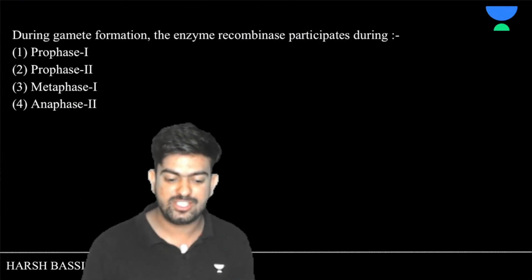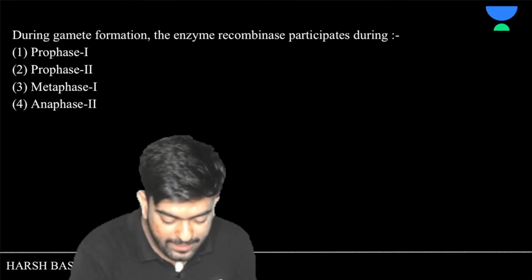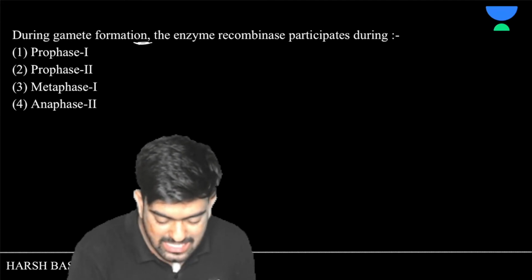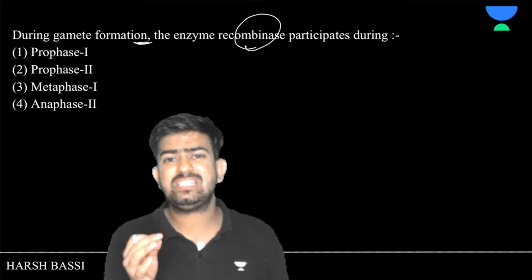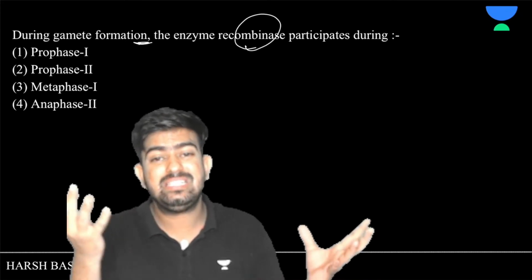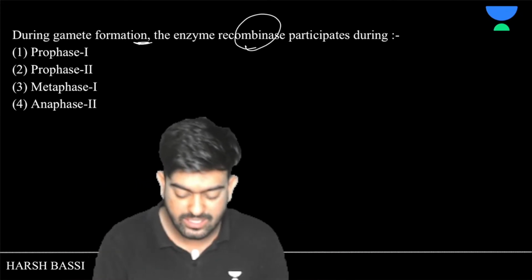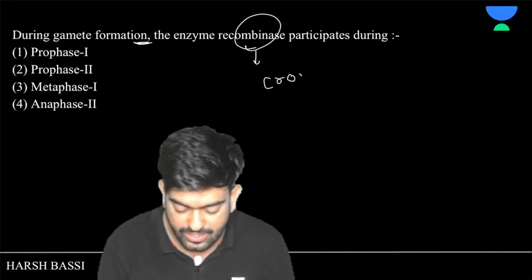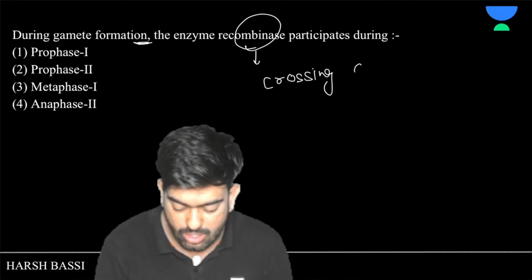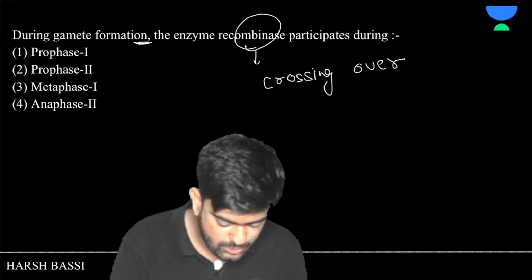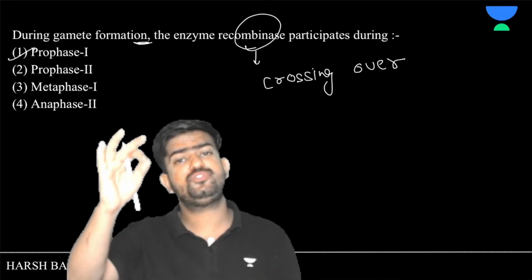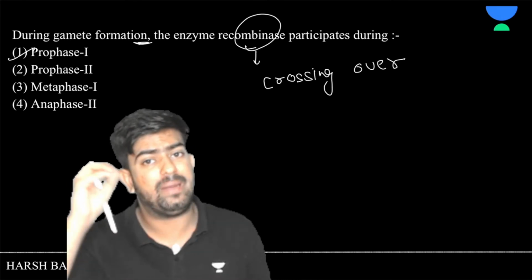The next question says that during gamete formation, the enzyme recombinase participates during. Recombinase enzyme, where is it required? It is required during the crossing over, yes or no? So crossing over, prophase 1. See, how many questions from crossing over have come in past years?